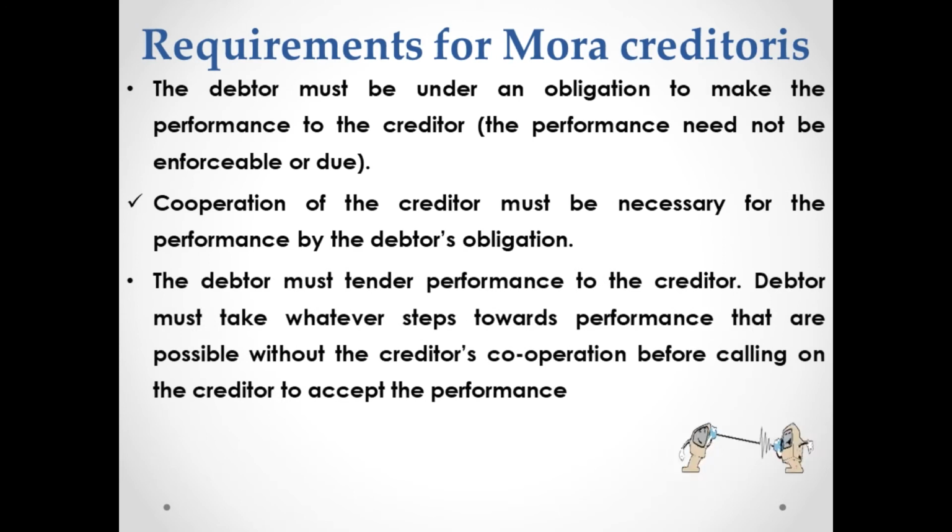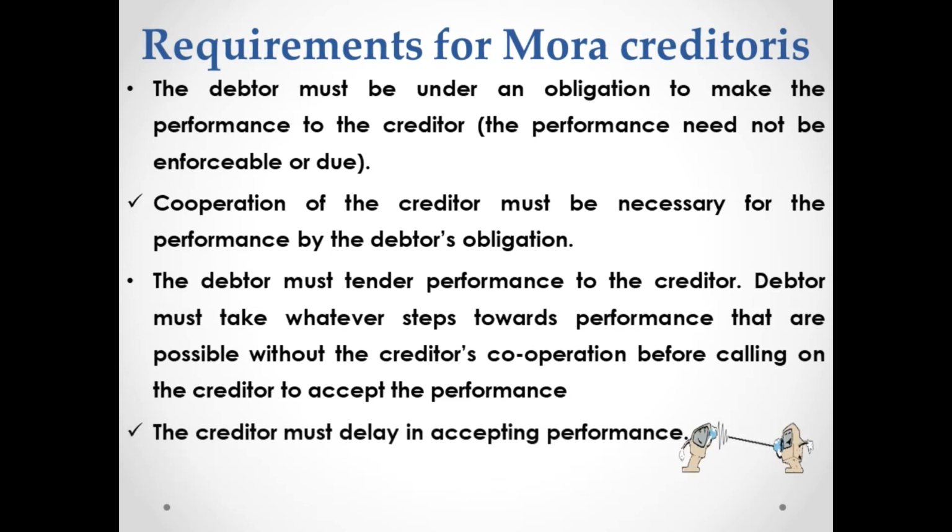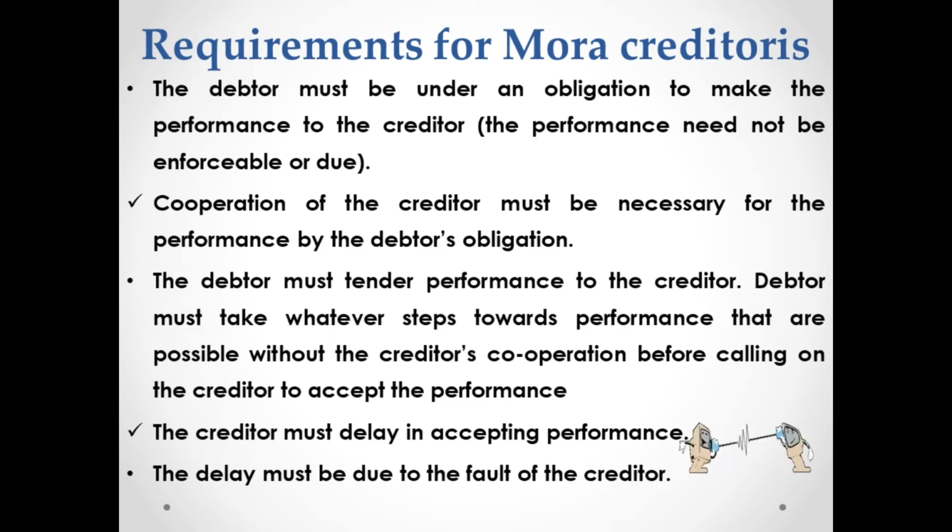The debtor must take whatever steps towards performance that are possible without the creditor's cooperation before calling on the creditor to accept the performance. Then the creditor must delay in accepting performance, and the delay must be due to the fault of the creditor.